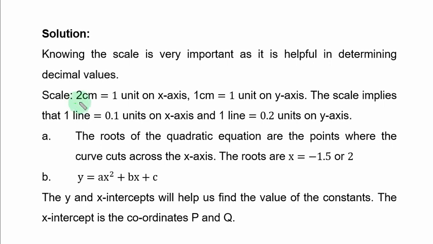2 centimeters to 1 unit on the x-axis and 2 centimeters to 2 units, or 1 centimeter to 1 unit, on the y-axis. So the scale implies that one line is equal to 0.1 units on the x-axis and one line equals 0.2 units on the y-axis.